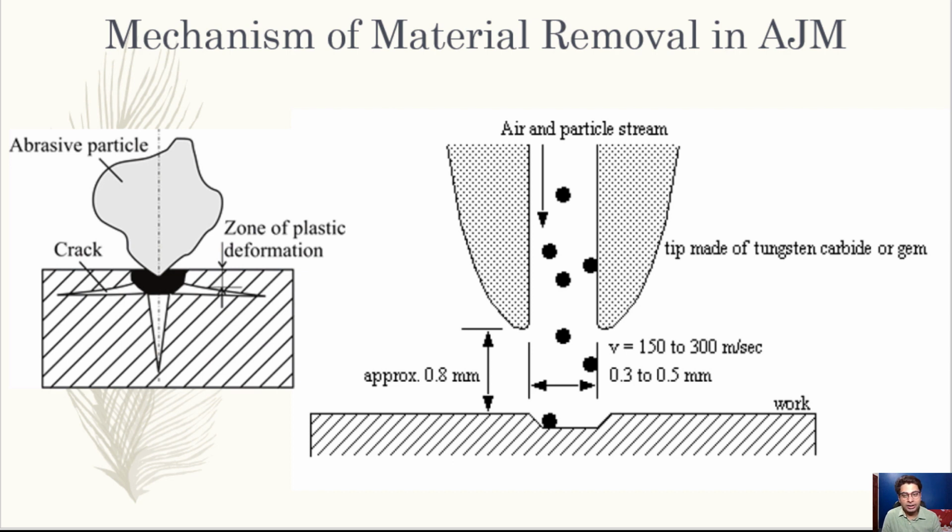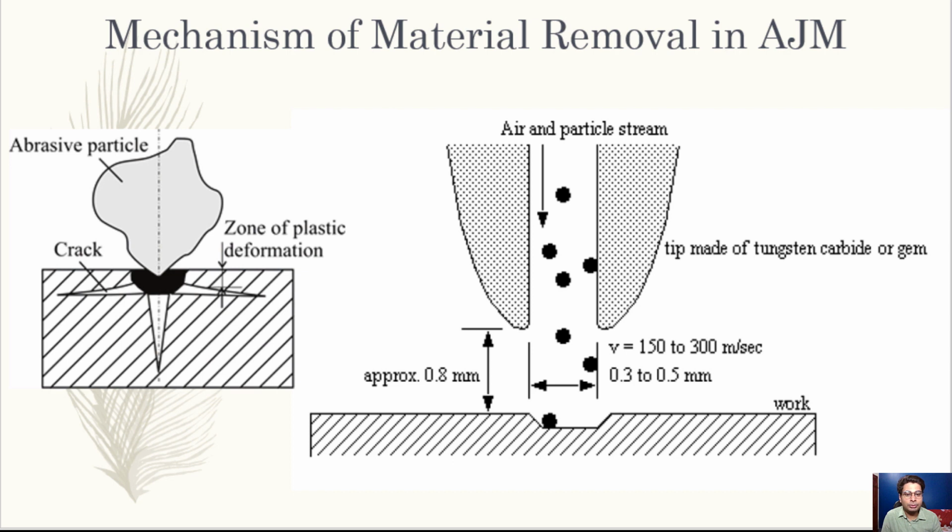In AJM, generally the abrasive particles of around 50 micron grit size would impinge on the work material at a velocity of around 200 meters per second from a nozzle of internal diameter of around 0.5 millimeter with a standoff distance of around 2 millimeter. The standoff distance is the distance between the workpiece and the tool tip.